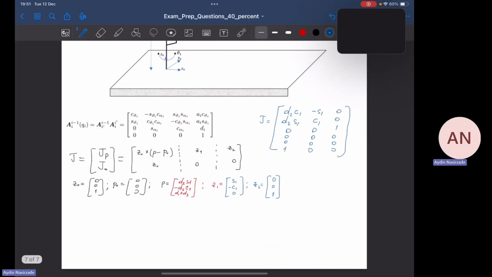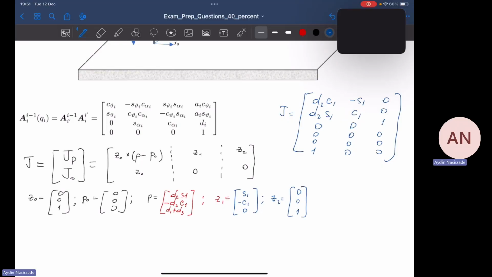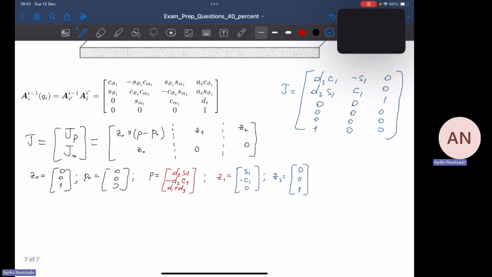Now the next question asks us to find the singularity point, and we know that the singularity points of any given manipulator can be found by equating the determinant of the linear velocity contributions of the Jacobian matrix to 0. All you have to do is take this part and find its determinant.